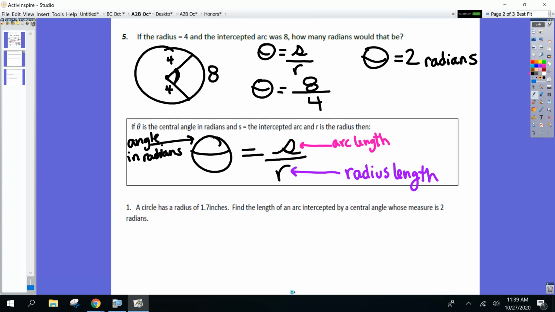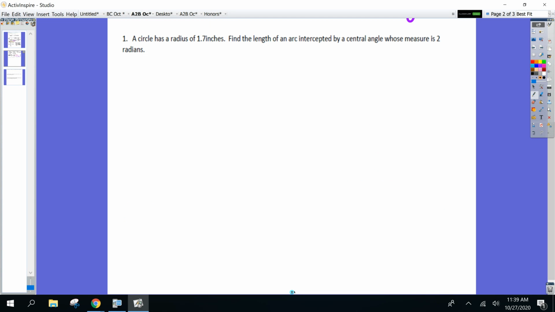All right, number 1 down here now. Draw your diagram. You've got a circle with a radius of 1.7. What's the length of the arc? Now we're finding a different piece. We're finding the length of an arc where your angle is 2 radians.